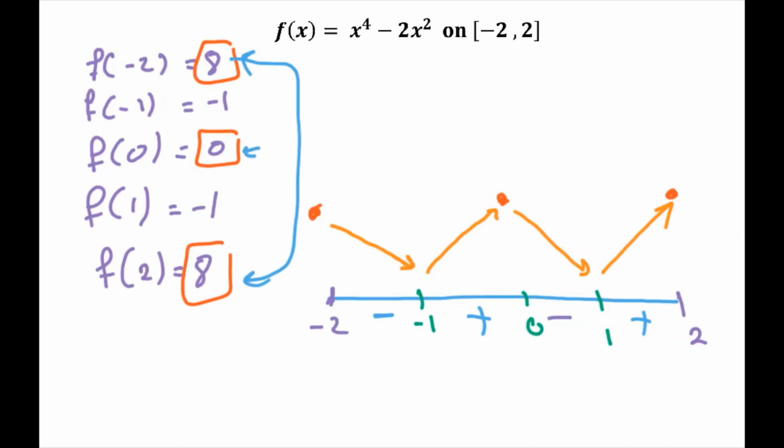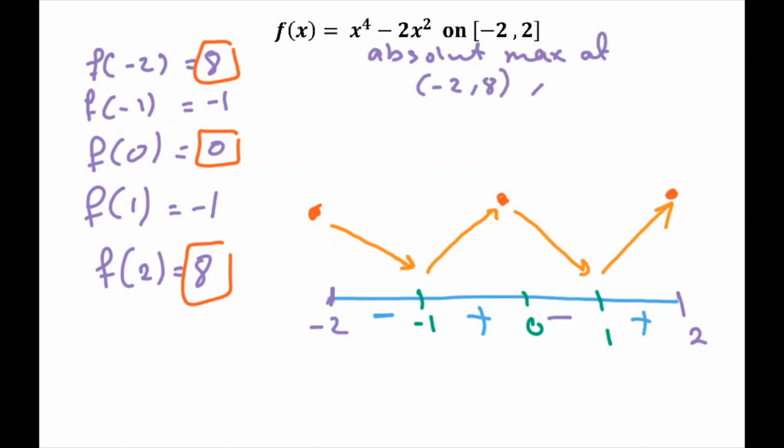So at 0, we have a local maximum, where at these 2 points they are equal, so we have an absolute maximum. So we can say we have an absolute maximum at (-2, 8) and (2, 8), where we have a local max at (0, 0).